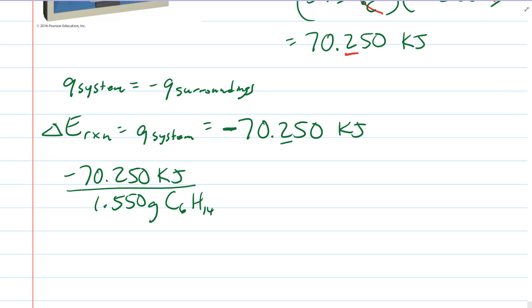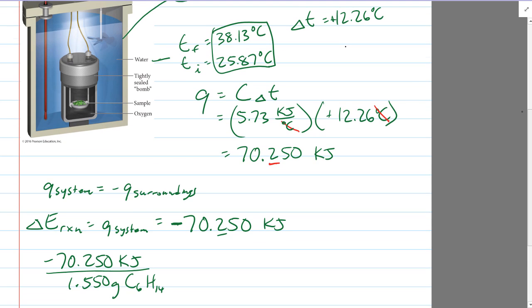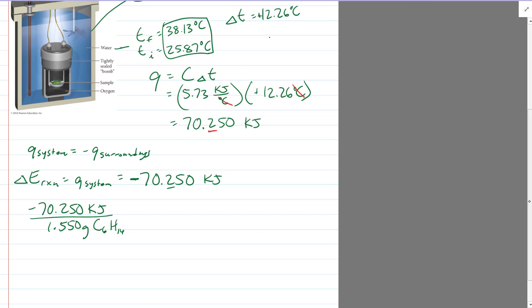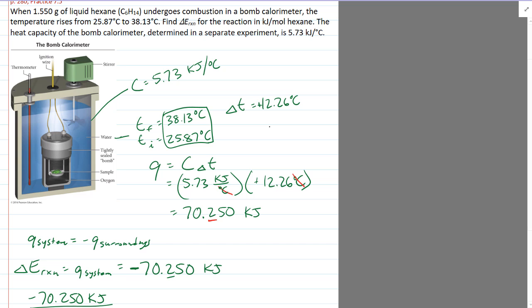Here we go. We have the 1.550 grams of hexane. So that was the energy released for every 1.55 grams of the liquid hexane. What we want to do is find the delta E in units of kilojoules per mole.